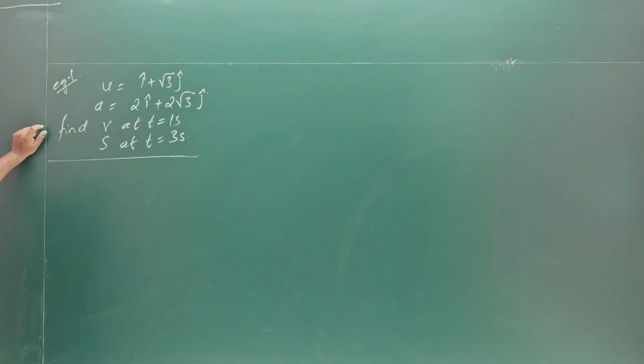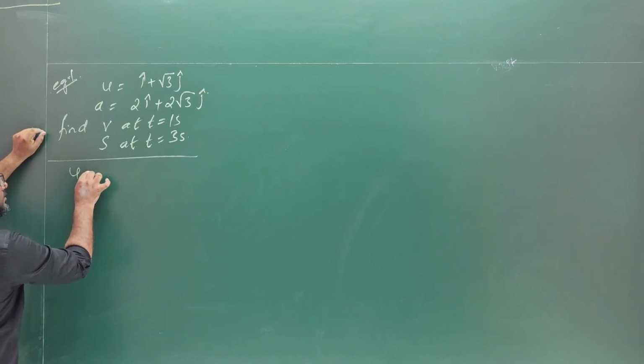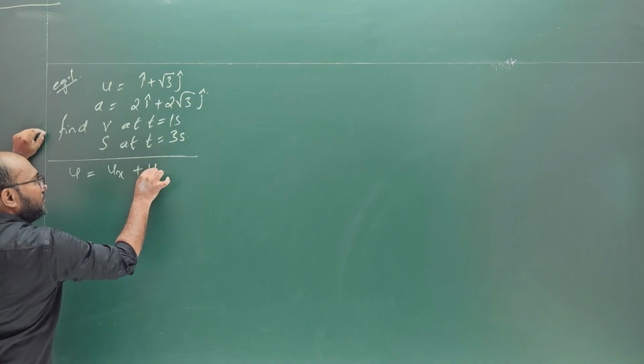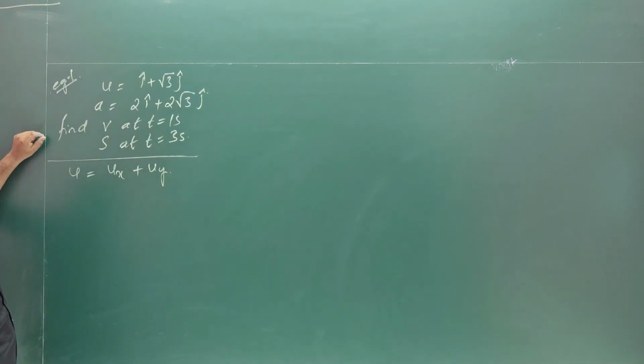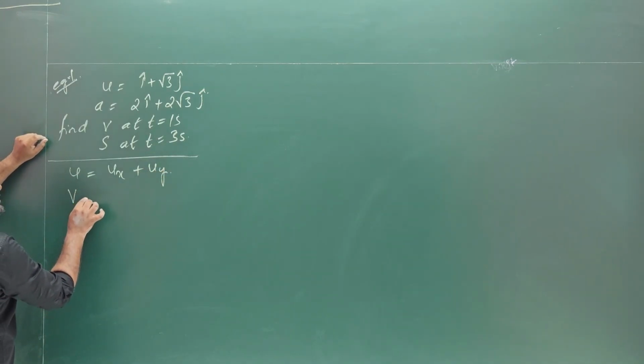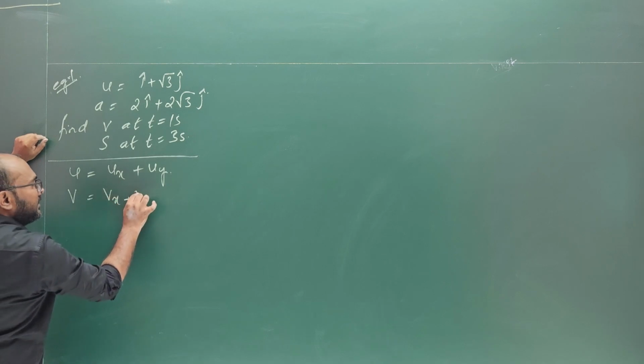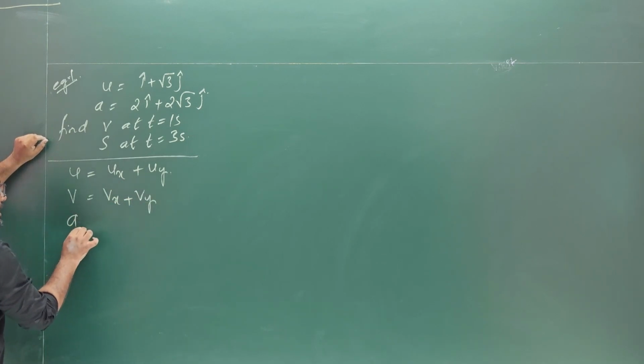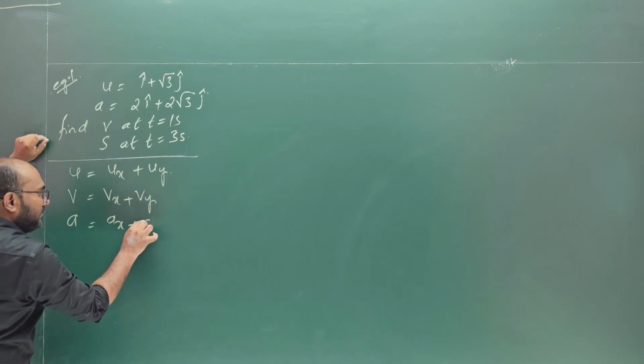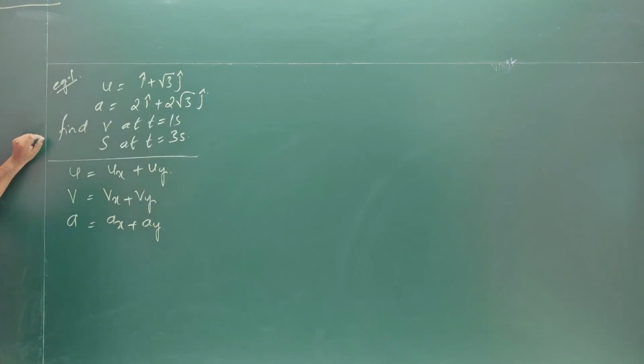u is equal to i plus root 3 j cap. Can I say that u is nothing but ux plus uy? Yes or no? Similarly, v is nothing but vx plus vy, or a is nothing but ax plus ay. In this form it has been given.